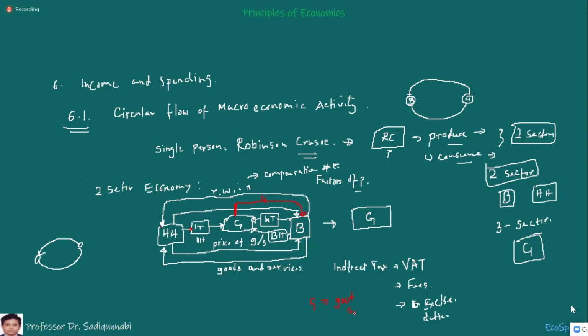In our chapter number 5, we classified government spending. Can you recall? One is defense. Second is education. Third is medical. Fourth are roads and highways. Okay. So these are a list of government expenditure.